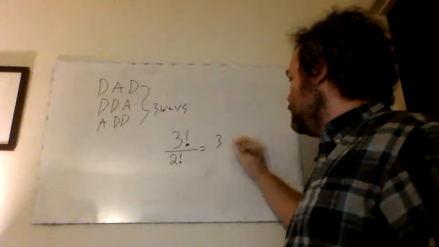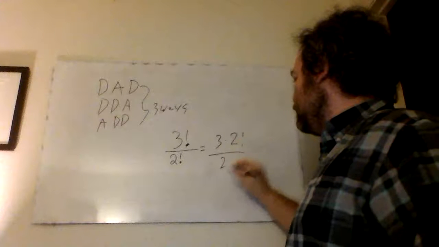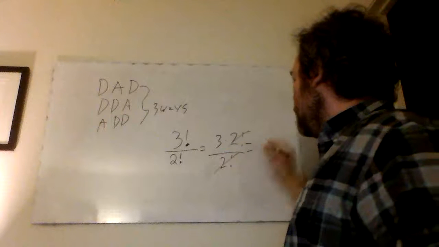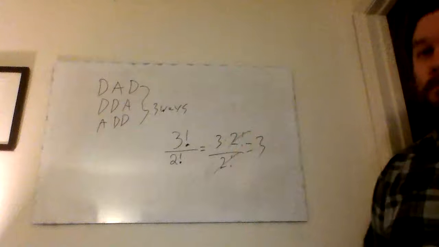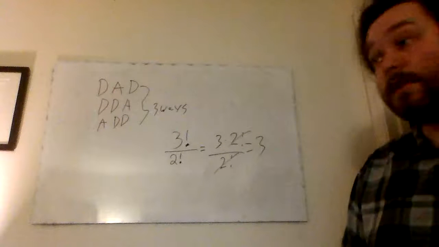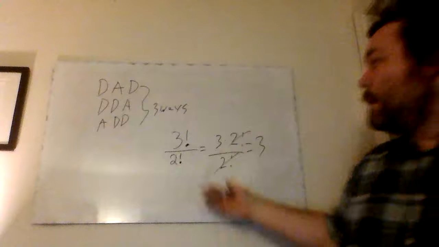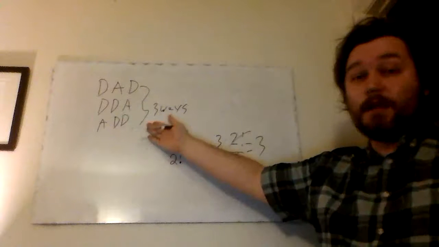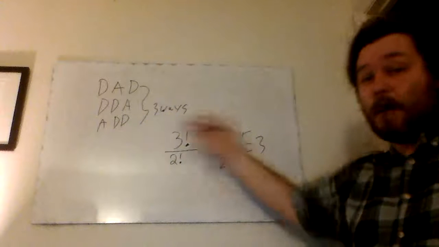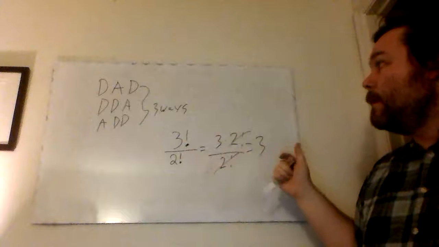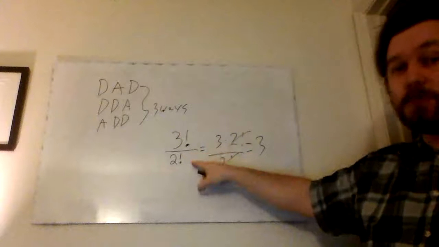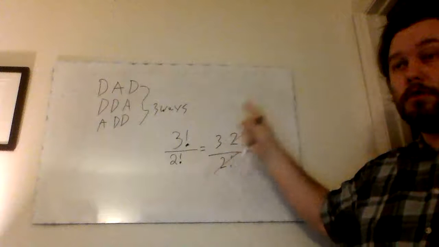So that's 3 times 2 factorial over 2 factorial. And that reduces to 3. And that's what we know is true. We already knew this one was just 3. But this one's easy enough where you can actually just count them. You don't have to do this. But I'm just trying to show you that this system works for very large systems.